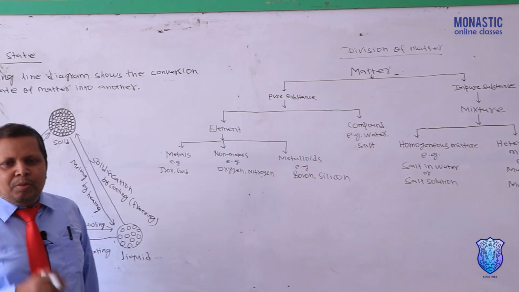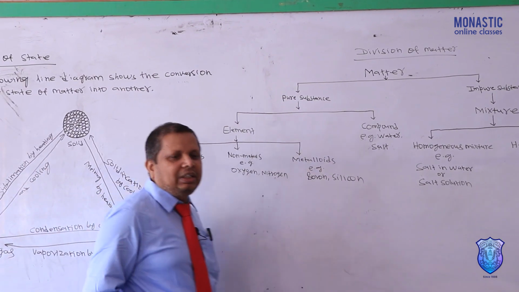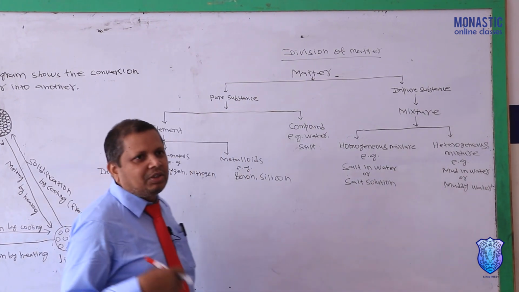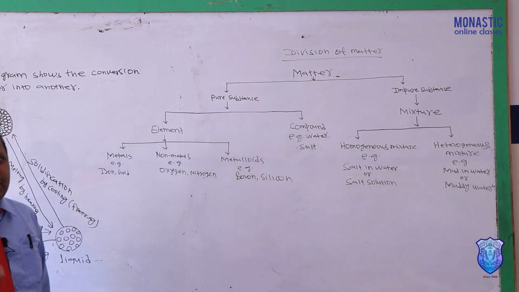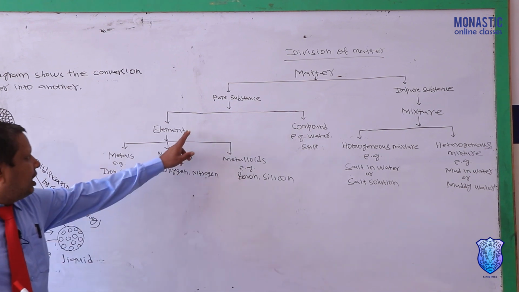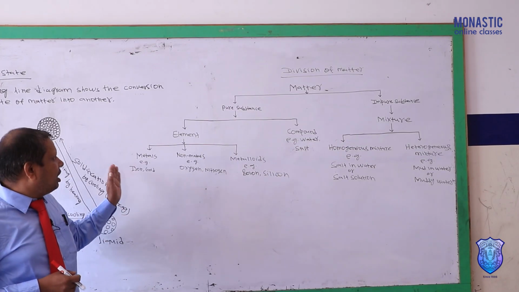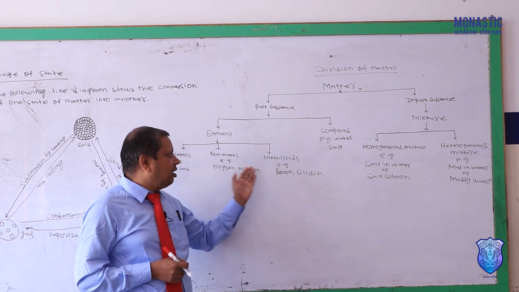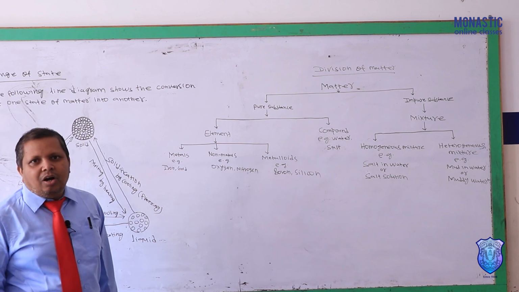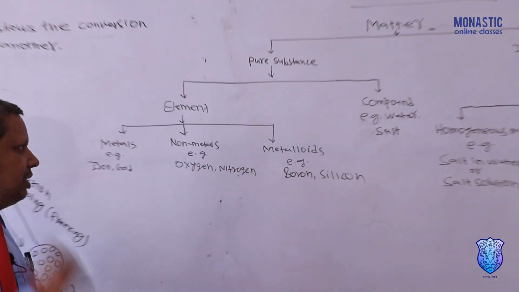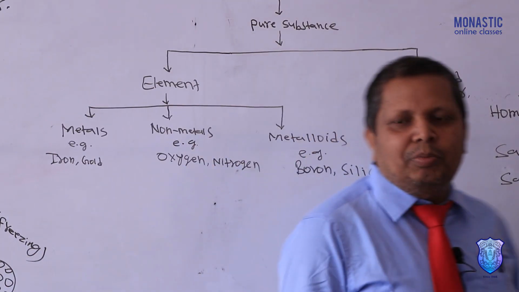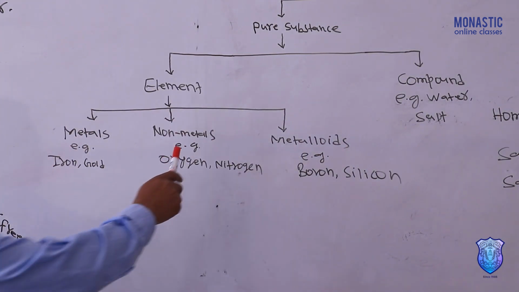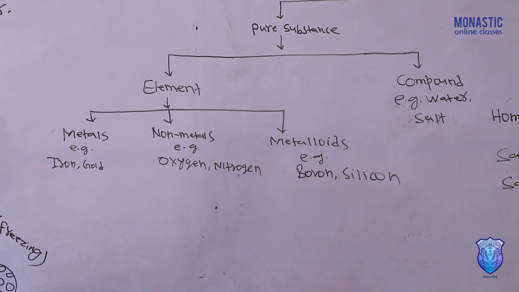Because it cannot be decomposed into two or more simpler substances by physical and chemical methods. On the basis of their properties, elements are classified into metals, non-metals and metalloids.